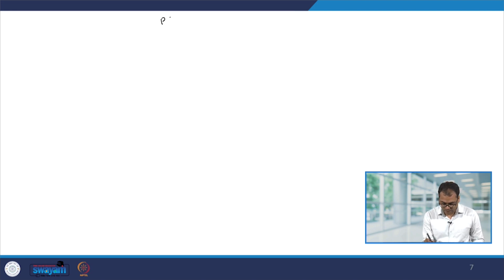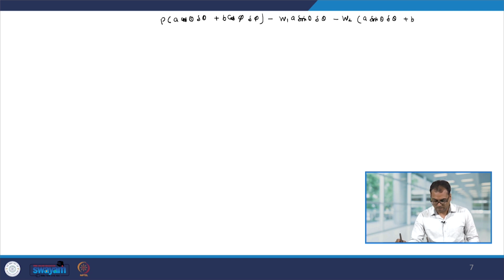So, we have p into (a cos theta delta theta plus b cos phi delta phi) minus w1 a sin theta delta theta minus w2 (a sin theta delta theta plus b sin phi delta phi) equal to 0. Let us collect the coefficient of delta theta and delta phi.